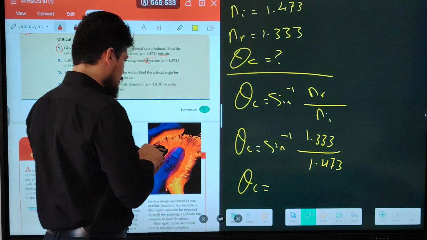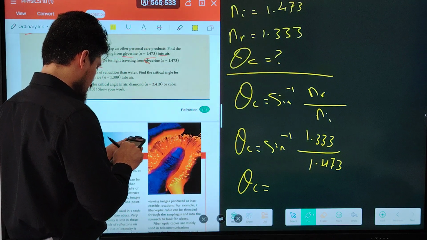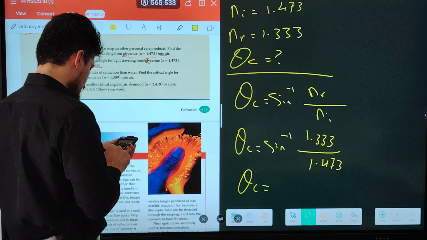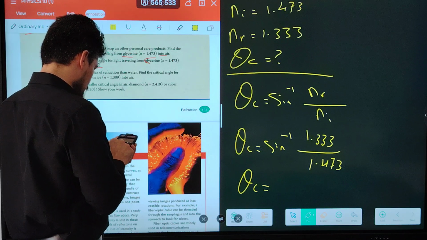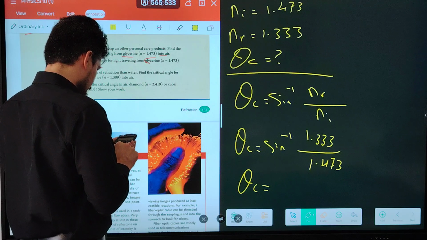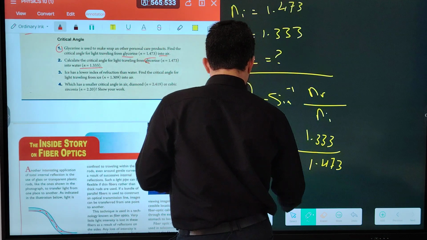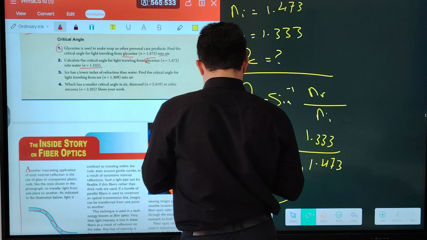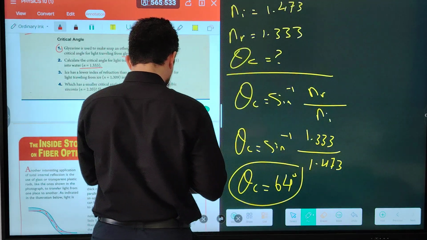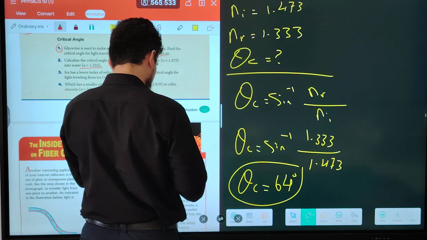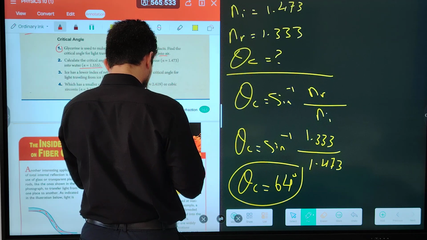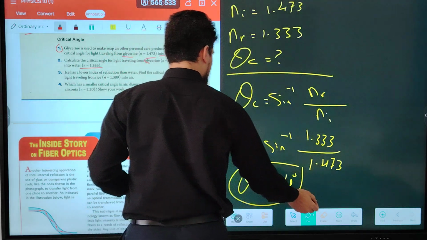Theta critical is equal to what? 1.33 divided by 1.473, sine inverse, for the answer 64 degrees.